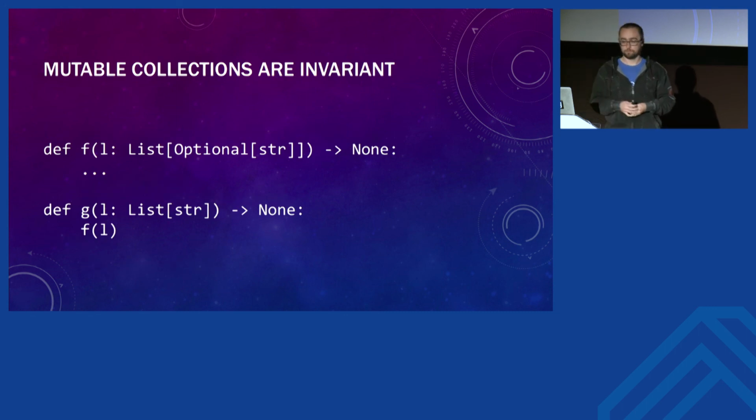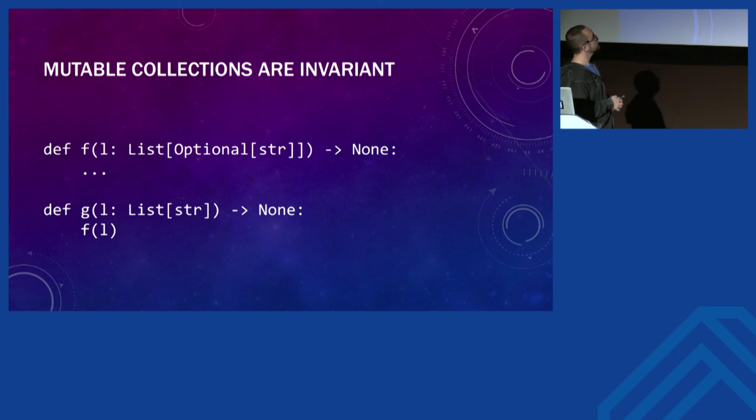Mutable collections. What is wrong with this code? Most people, including me a year ago, would say, yeah, that sounds like everything is OK, right? I have the function g, which accepts a list of string. So obviously, I can pass it to a function that accepts a list of optional strings, right? If my list only happens to have strings, it is for sure compatible with a list of optional strings, right?